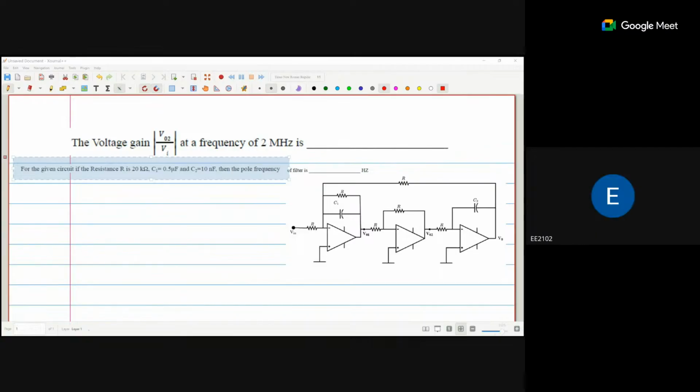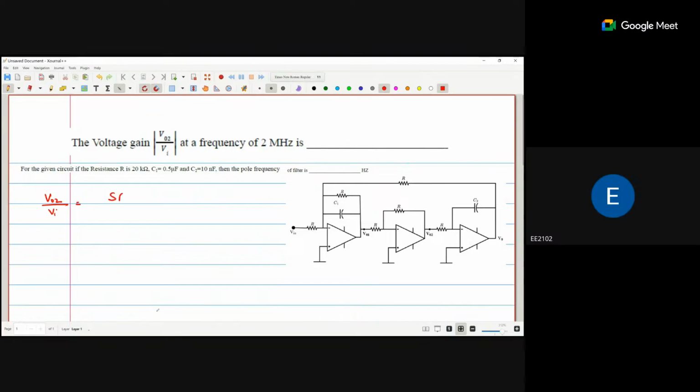So what we have to find out is V naught 2 upon Vi. First of all, what is the formula for the value of V naught 2 upon Vi?